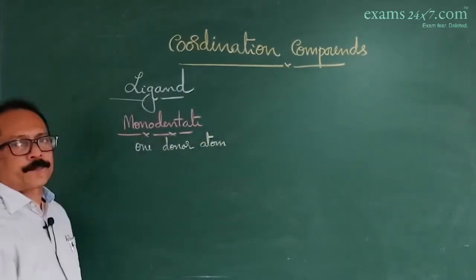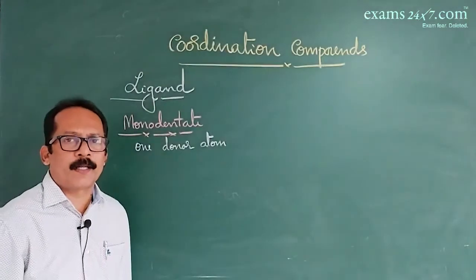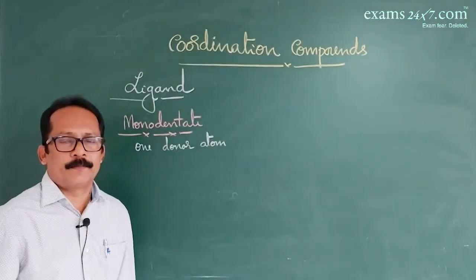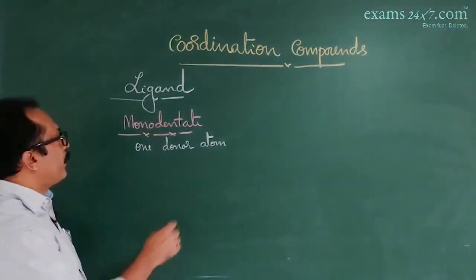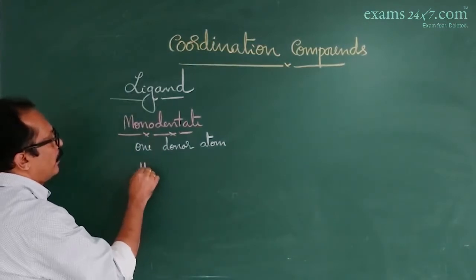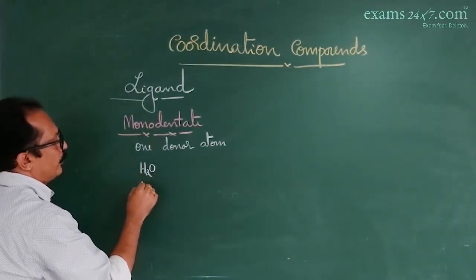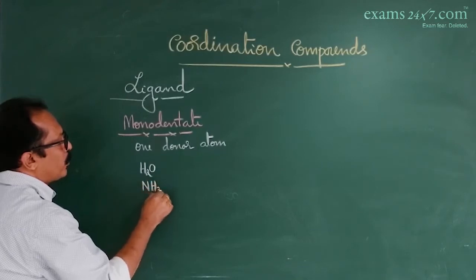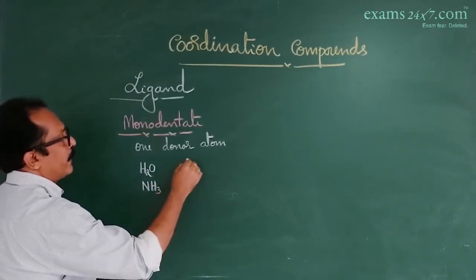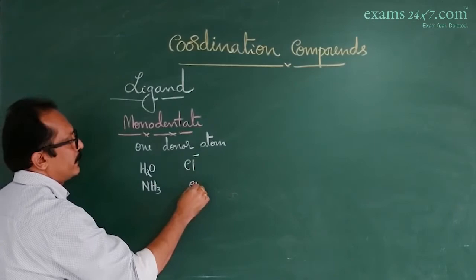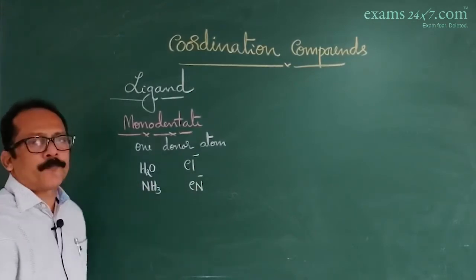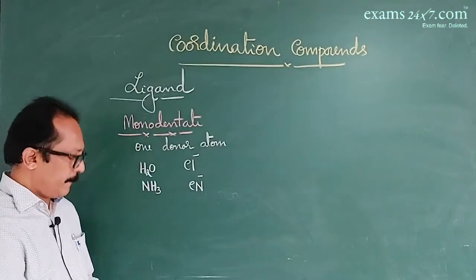Ligating atom is 1. Denticity is 1. Some examples for monodentate: aqua, water, H2O. Ammonia as a ligand is called ammine. Then negative ligands like Cl minus, CN minus. These are examples for monodentate ligands.